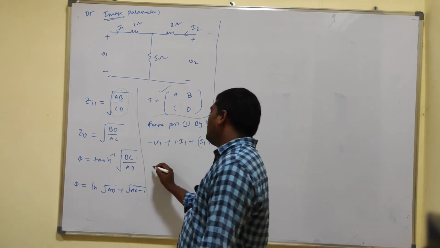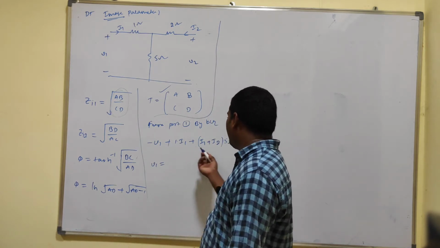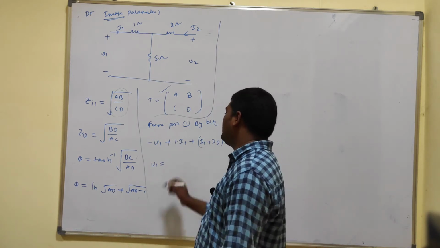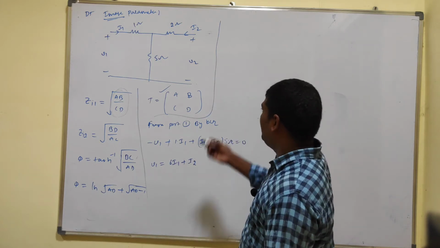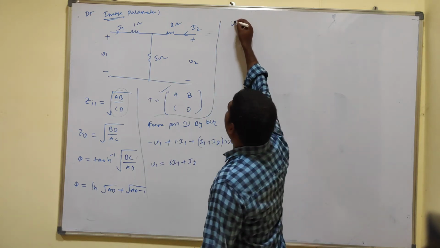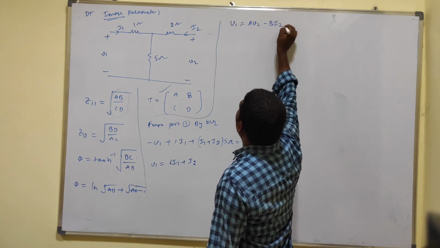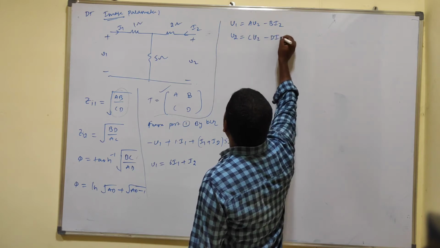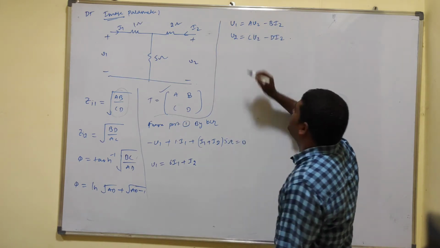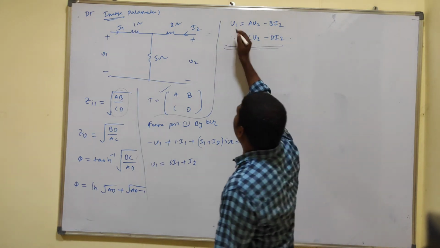So V1 equals 5I1 plus 1I1, that is 6I1 plus 5I2. But for the T network, V1 equals AV2 minus BI2 and I1 equals CV2 minus DI2. These are the two expressions for transmission parameters.